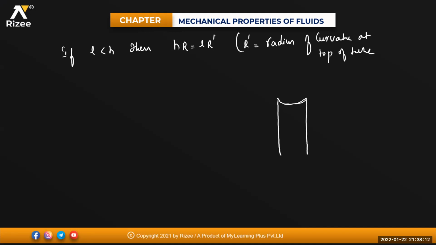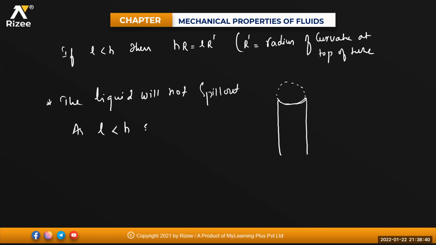So the liquid will not spill out. It will not fall down as L is lesser than h. So R dash will be greater than capital R, isn't it? So obviously it is not going to fall down. Clear, beta?